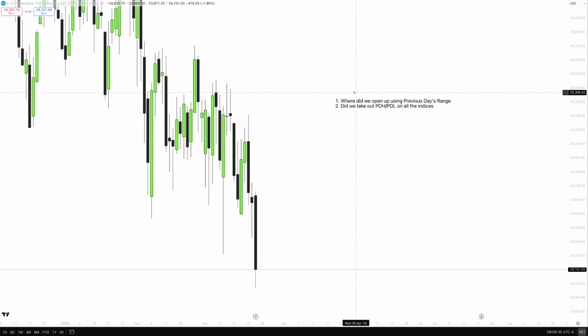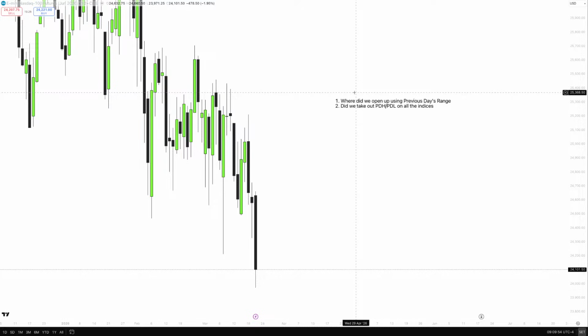And you can also see there a crack in correlation. Normally, we should see the same opening in the previous day's range if the indices move in sync.